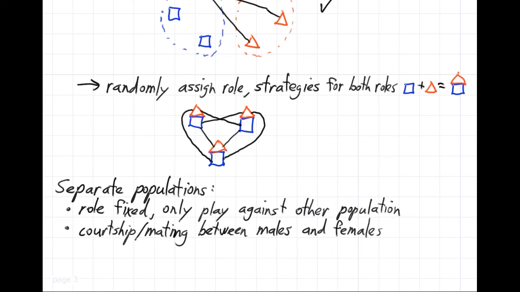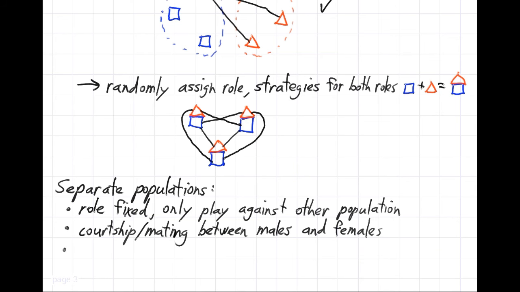I chose that example because it's clearly all within a species. And if you think about it from a strictly evolutionary perspective, if we think of the number of offspring as the payoff or the fitness, then mating between males and females can potentially produce offspring. Matings between males and males will not, and females and females will not, without reproductive assistance.